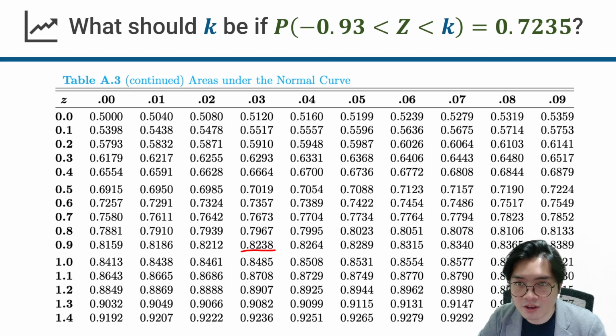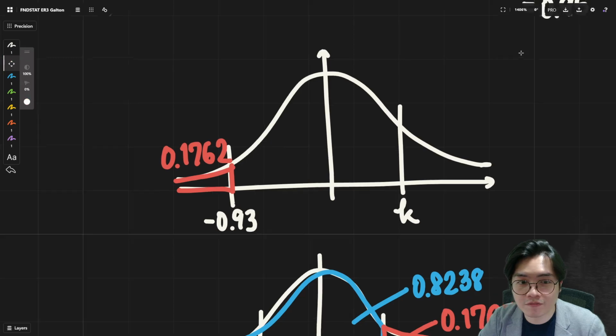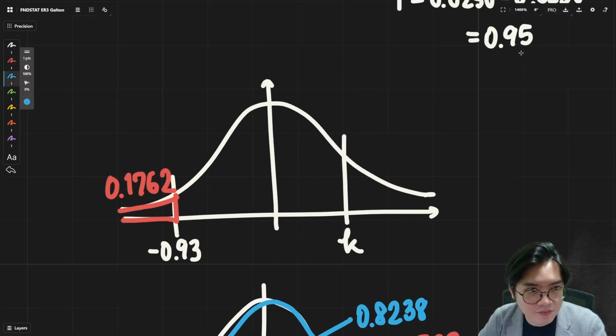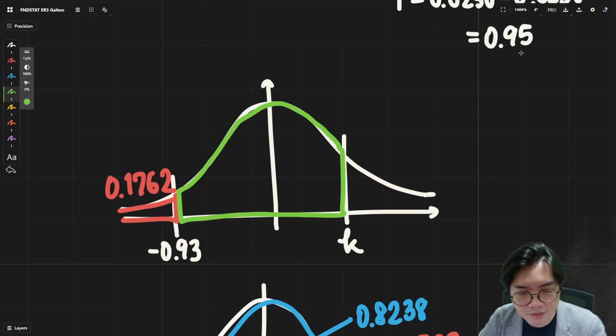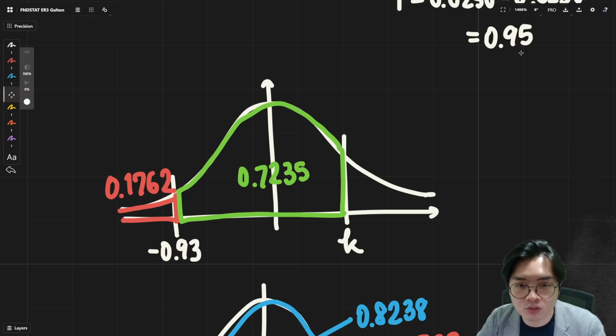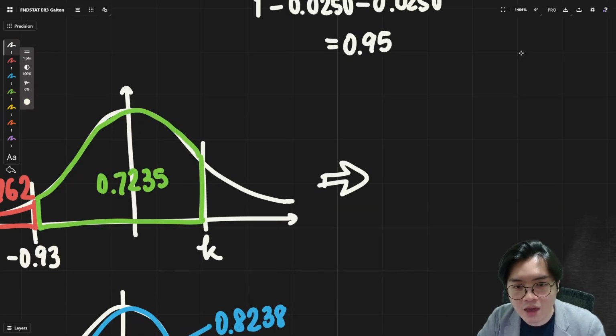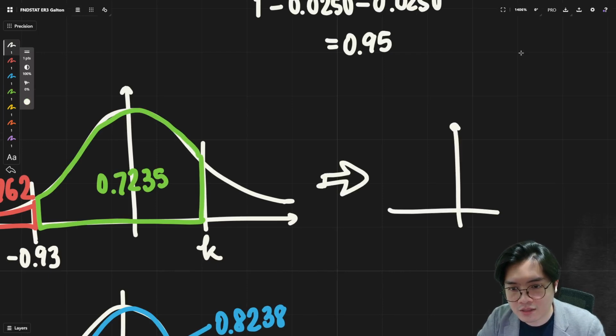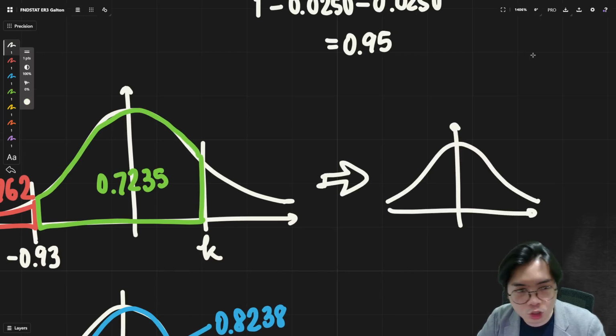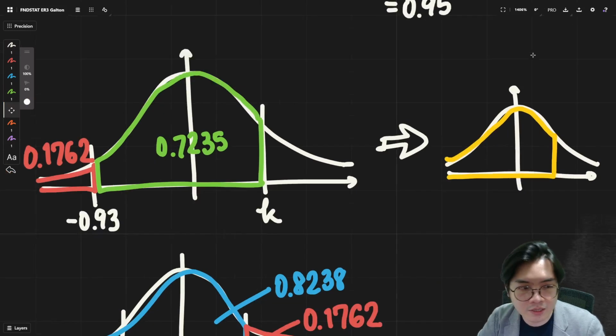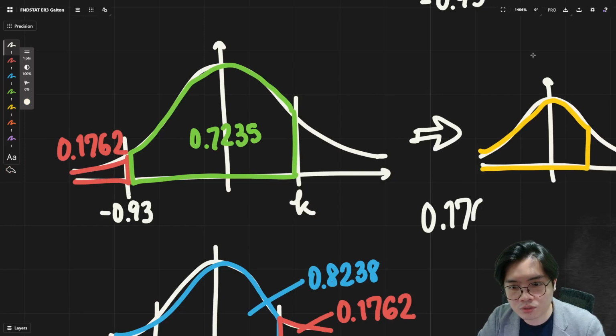And we want our value to be 0.7235. So if we add these two values together, our cumulative should be 0.1762 plus 0.7235.